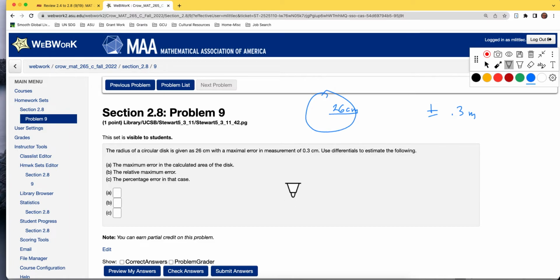Okay, so the area of the disk is pi r squared, right? It's not too bad. Let's see how we do this. So use differentials.